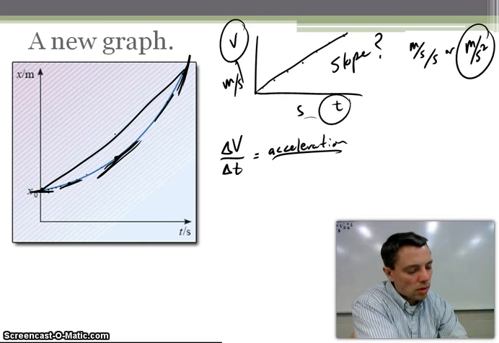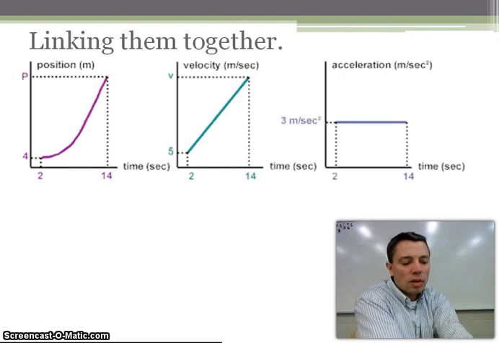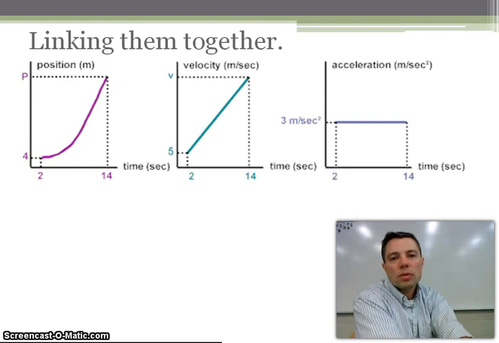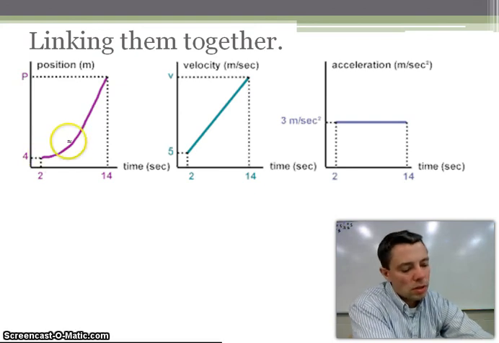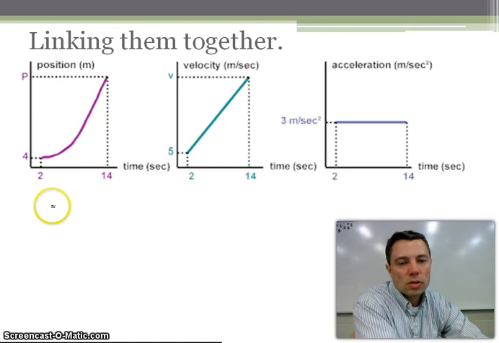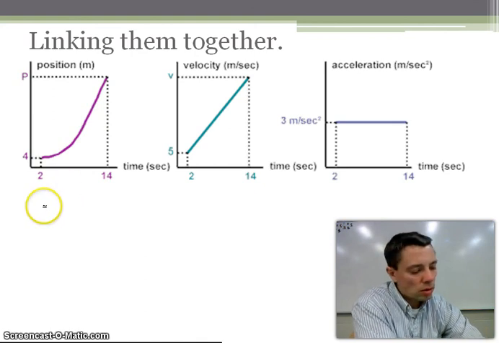And so let's tie these all together in one kind of link here. So we have position time graphs, we have velocity time graphs, and we have acceleration time graphs. And so this is my position time graph. You can see that it's a curve. It usually follows the order of a second degree function, so something like y equals x squared.